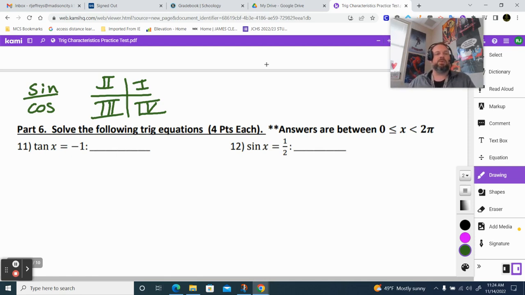Okay. So, that would be 3 pi over 4 and 5 pi over 4. Okay. You're just telling me those angles. Okay.